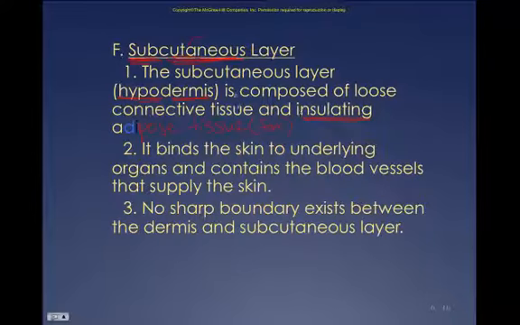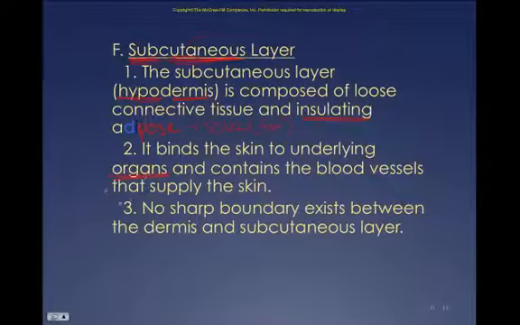So again, that's the subcutaneous layer, and those are the types of tissues that make it up: connective tissue and adipose tissue. Okay, and that's adipose, A-D-I-P-O-S-E, adipose tissue. So remember, that subcutaneous layer is actually going to bind the skin above to the underlying organs below it, okay? And it's also going to contain all the blood vessels that are running up to the dermis.